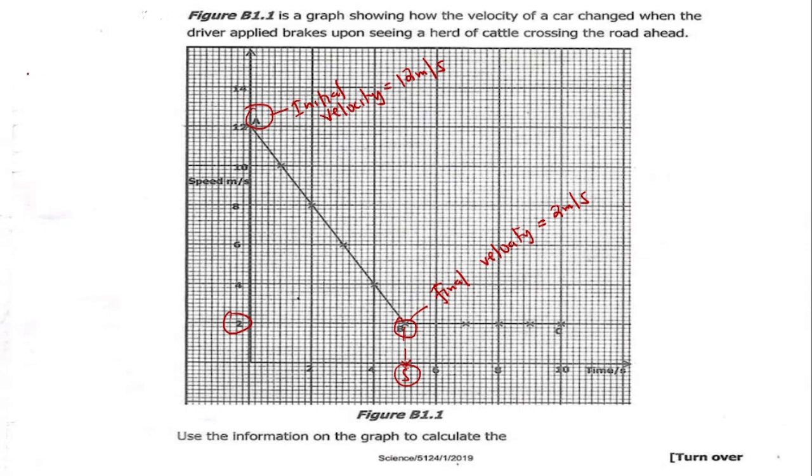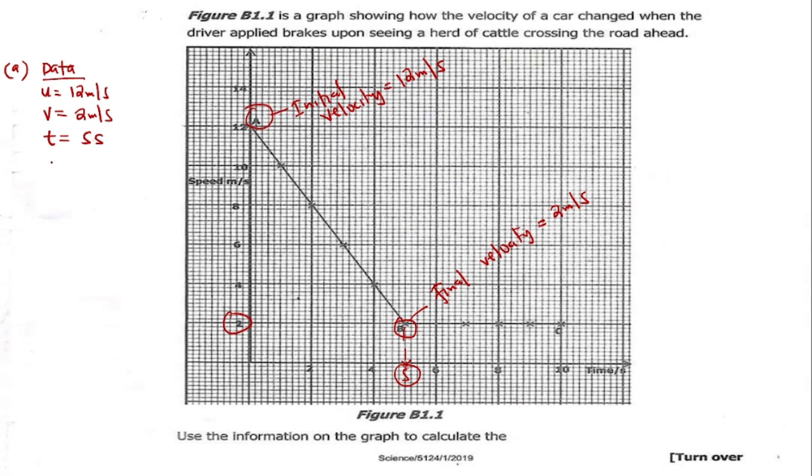So what are we going to do? Of course, we need to take the data. We have our initial velocity as 12 meters per second, our final velocity as 2 meters per second, and the time taken is 5 seconds.